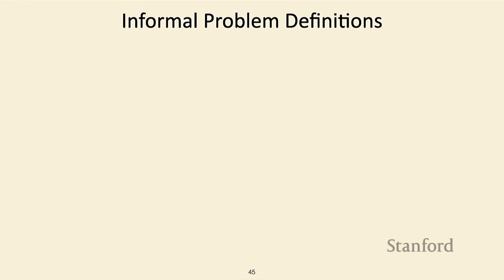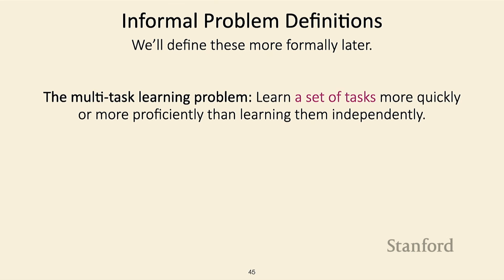Cool, so what are some of the problem definitions that we'll cover in this course? Informally, we can think of the multitask learning problem as learning a set of tasks and generally trying to learn that set of tasks more quickly or more proficiently than learning them independently. And here, we see the same set of tasks during training and during testing, so we're not trying to handle a new task.